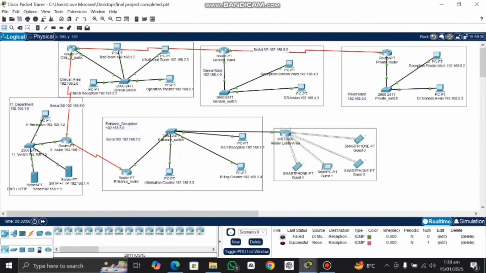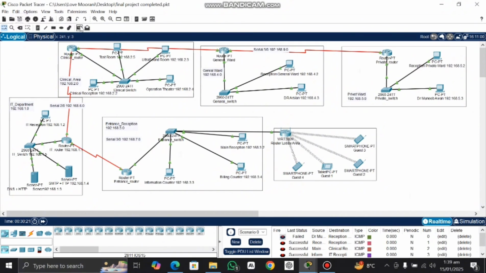So the receptionist of the private ward can only communicate with the receptionist of the general ward. Now if we transfer the data from the internal's main reception to the clinical reception, it is also successful. Now transfer the data from the IT department to the information router. It is also successful.